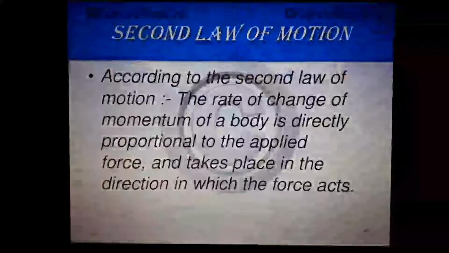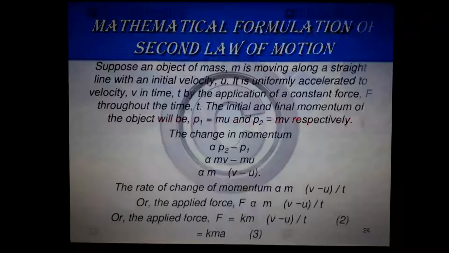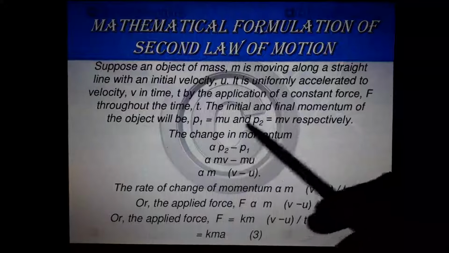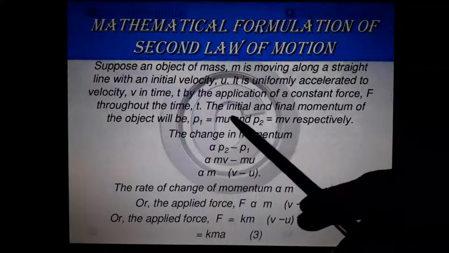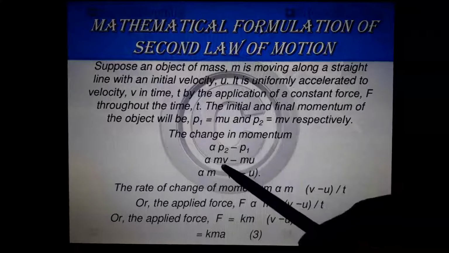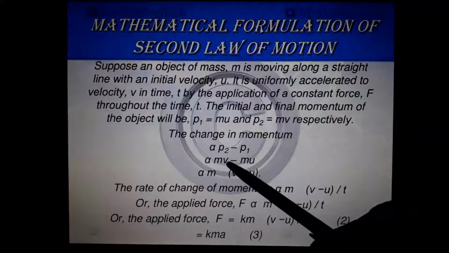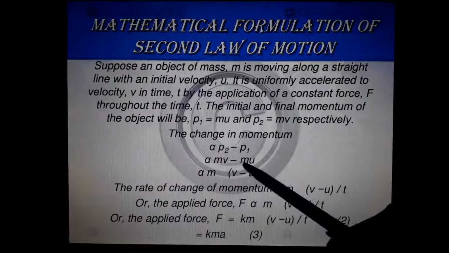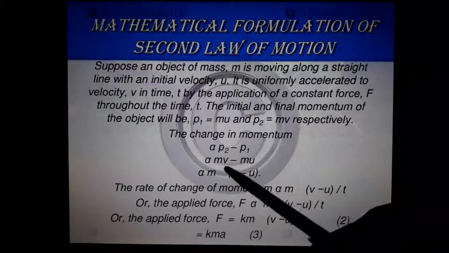From the momentum equation, force is the rate of change in momentum. Change in momentum means final momentum minus initial momentum, P2 minus P1. P2 is mass into final velocity, P1 is mass into initial velocity. You substitute these values, we will get F is proportional to m times final velocity minus mass times initial velocity. But in this case, mass will remain constant.